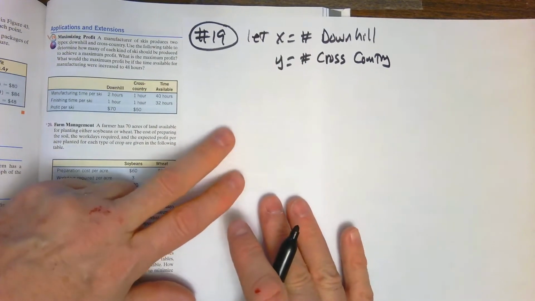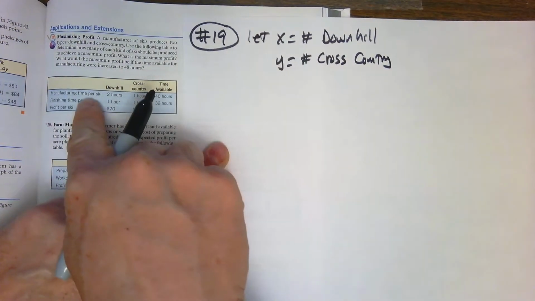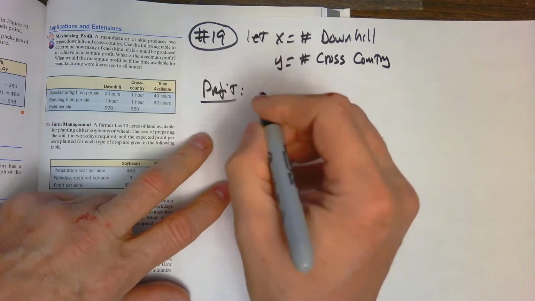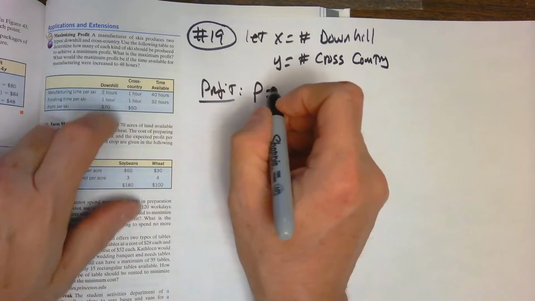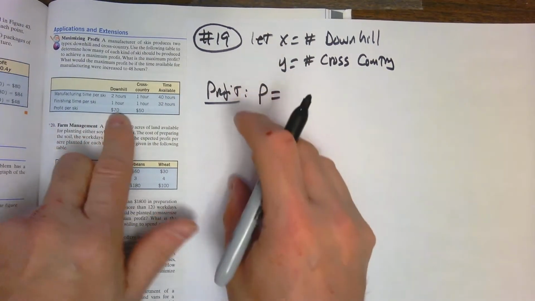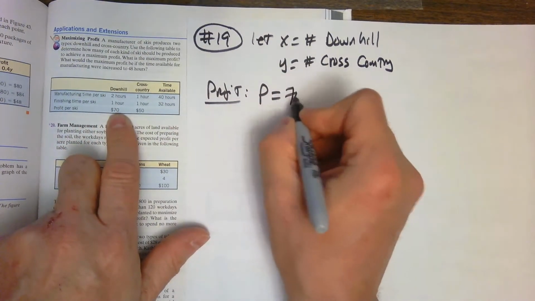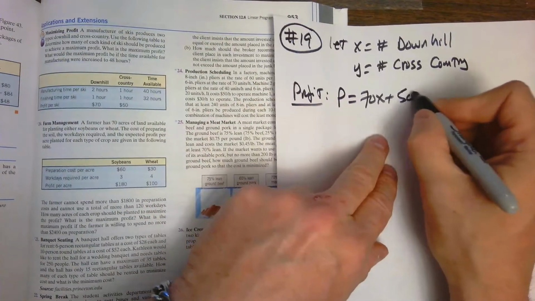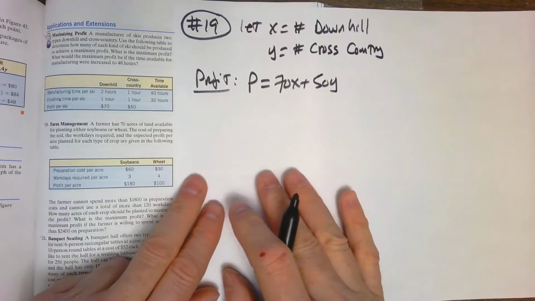All right, so there are my variables. Now for the constraints. My profit is going to be P equals, he makes $70 for every downhill, so 70x, plus $50 for every cross-country, 50y. There's your objective function.